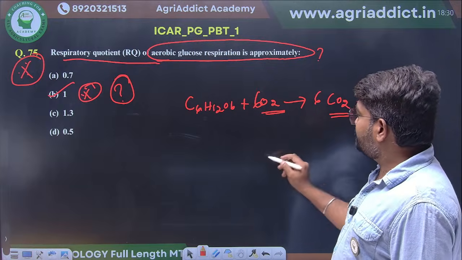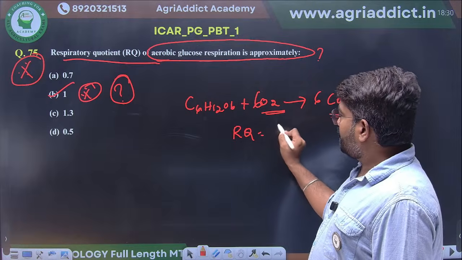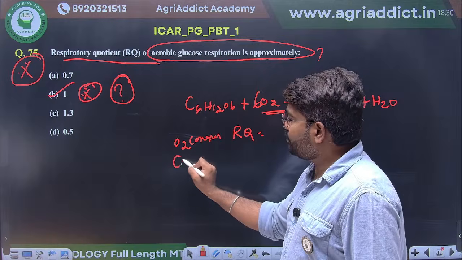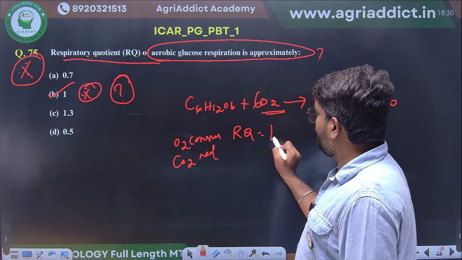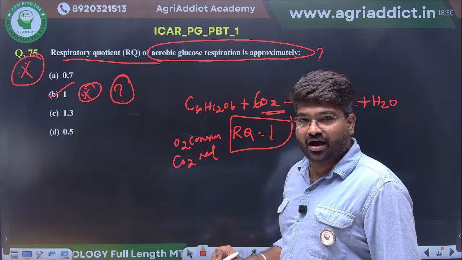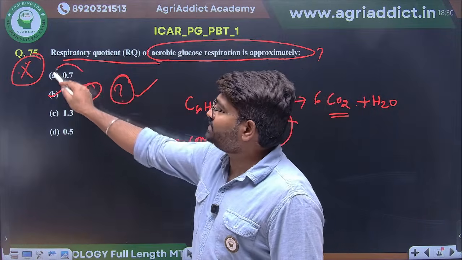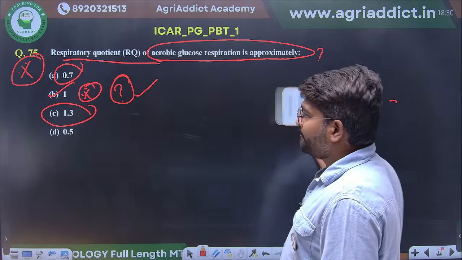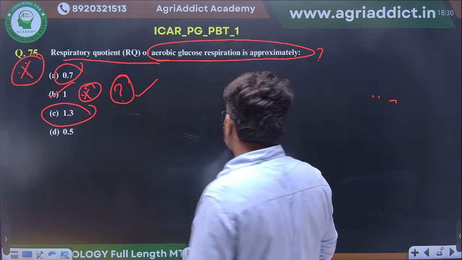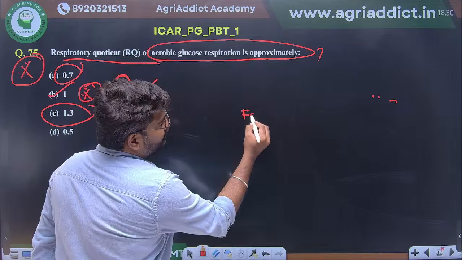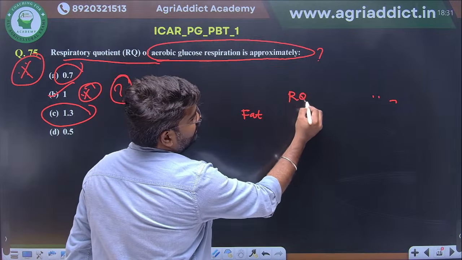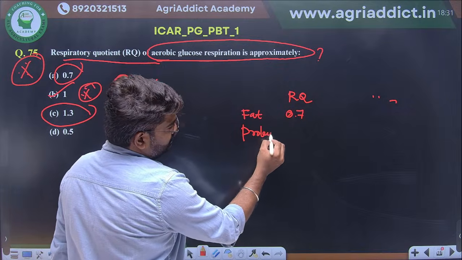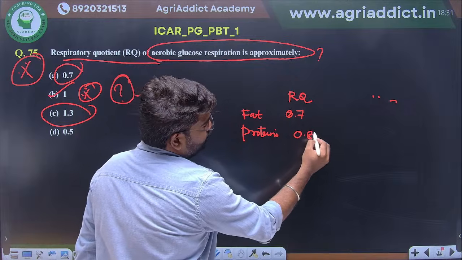If you see the ratio of oxygen consumed to CO2 released, it will be 1. That's why we say RQ is 1. Then 0.7 is for what? 1.3 for what? You have to remember one thing. For fat, RQ will be 0.7, and for proteins, RQ will be 0.8 to 0.9.